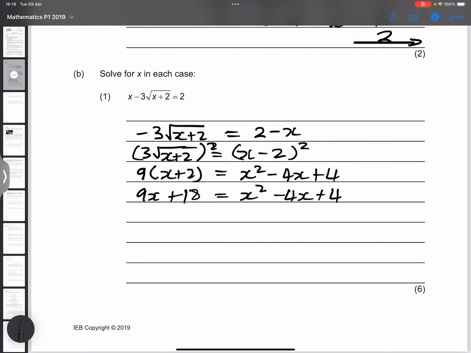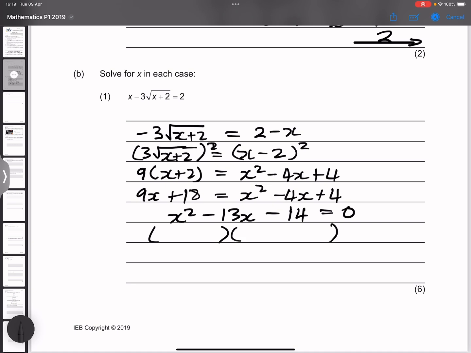And how are we going to solve this? We're going to have x squared. If you take the 9x to the other side, it becomes negative, so this becomes minus 13x. And we've got 18. If we take it to the other side, 4 minus 18 will give us negative 14. So this is equal to 0. This is quite easy to factorize.